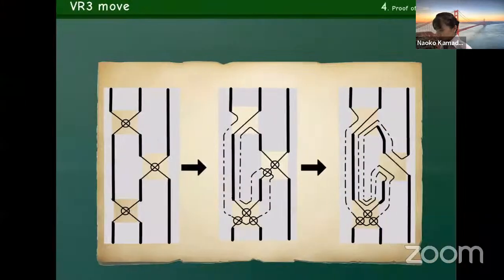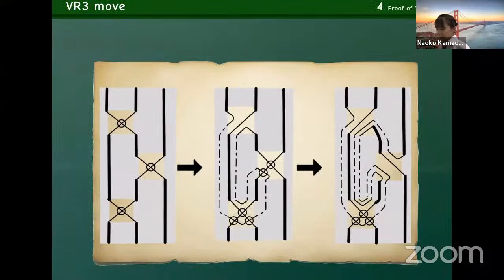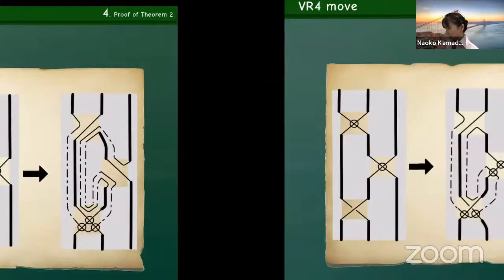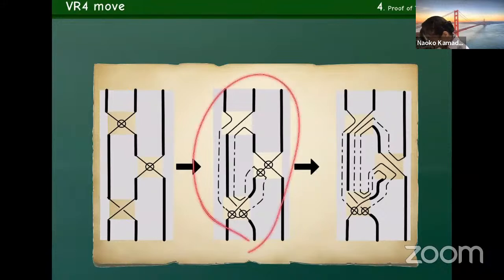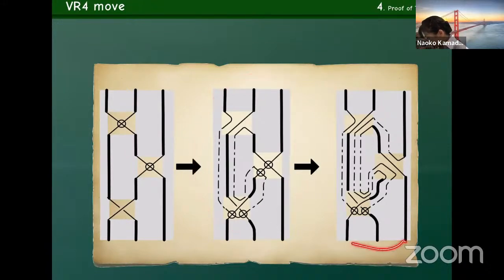The VR3 move works the same way, but using a virtual finger move and a virtual detour move. The VR4 move works the same way. It uses a virtual detour move, a virtual finger move and a detour move. Here, applying the detour move.